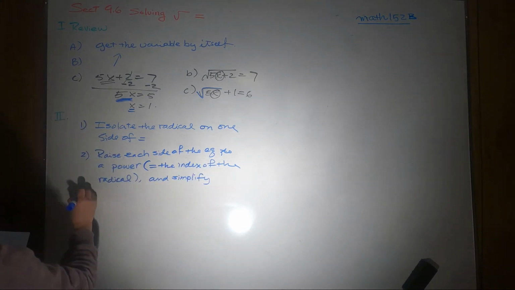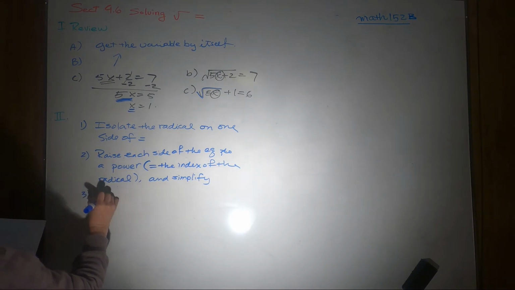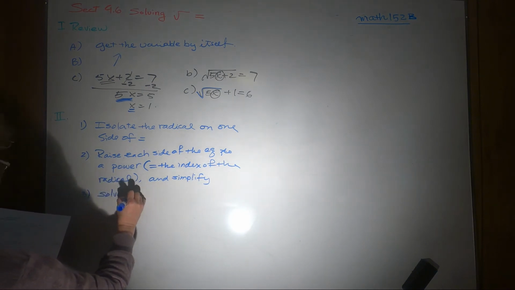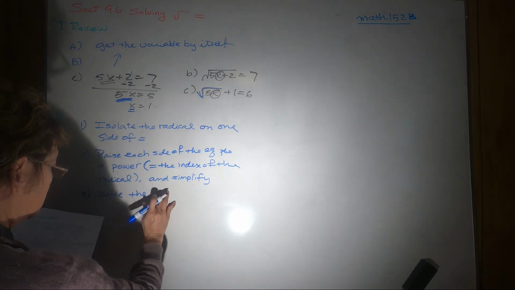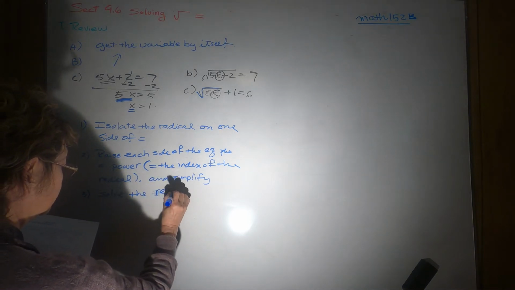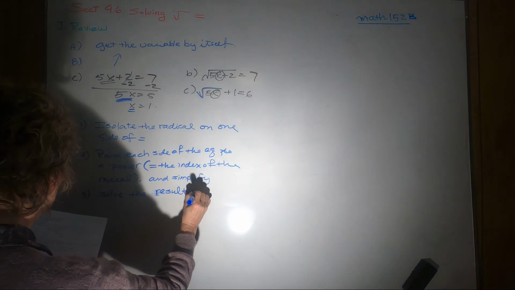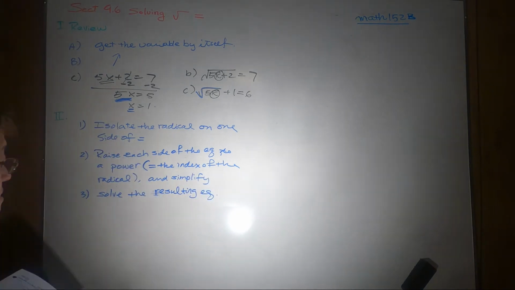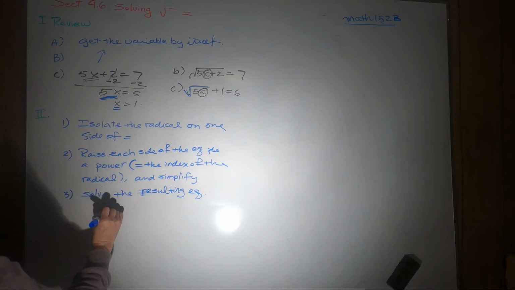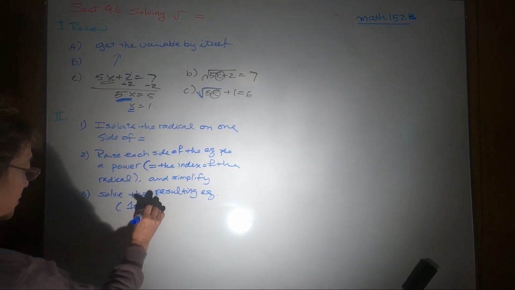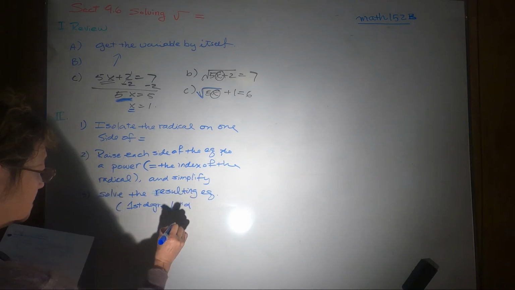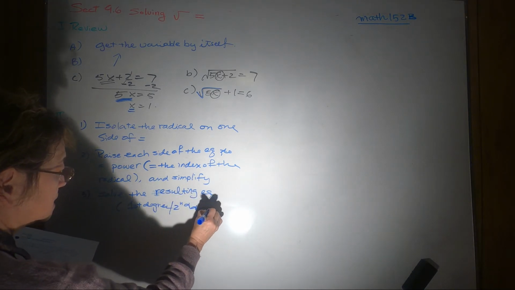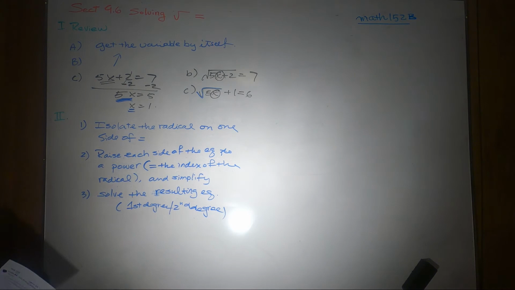Okay, then we will do what? We will solve the resulting equation afterwards. Usually for our class, it is either first degree or second degree. Second degree would be what? Quadratic equation.